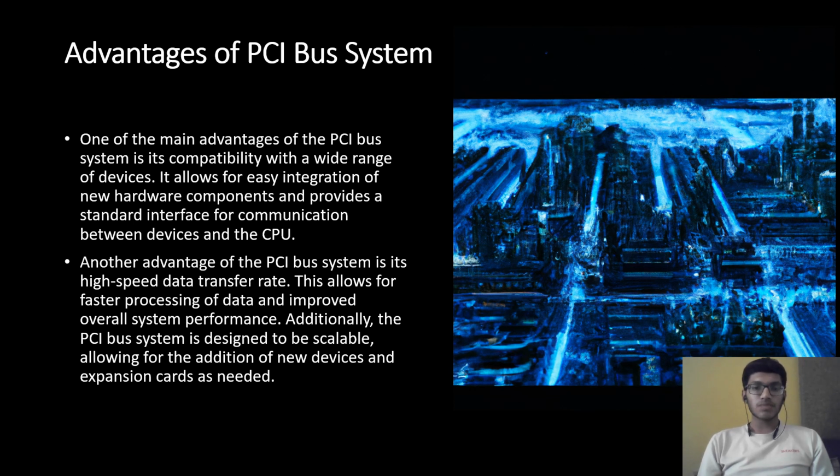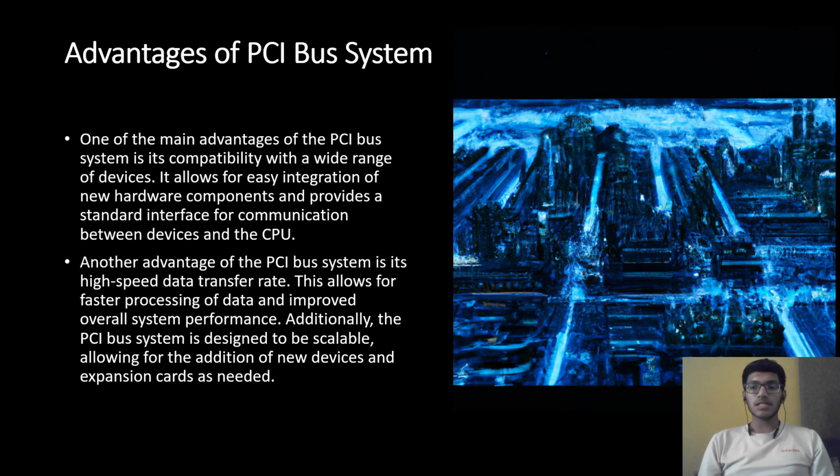Another advantage is its high speed data transfer rate. It allows for faster processing of data and improves overall system performance. Additionally, the PCI bus system is designed to be scalable, allowing for the addition of new devices and expansion cards as well. So these are some advantages of the PCI bus system.